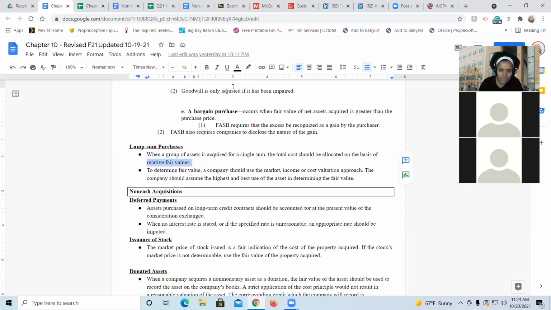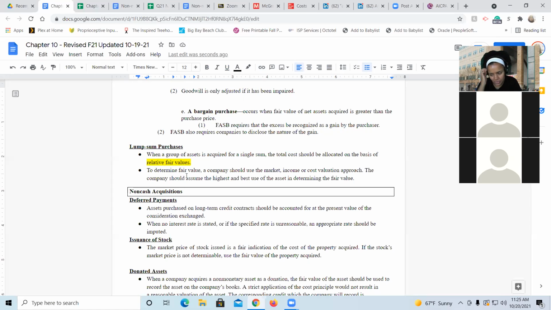This is where you want to be sure you understand what's happening. It's allocated based on relative fair values. So relative means one number in relation to another, and fair values would be given in a question. So we're saying, okay, I bought these 3 things at the yard sale. I paid $100 for them. In order to figure out what the cost of each item is, I have to figure out the fair value of one item in relation to the fair value of all the items that I bought together.